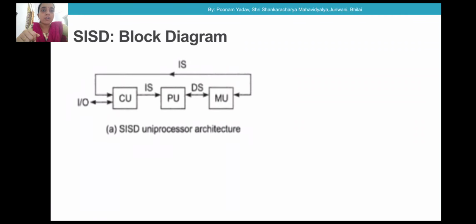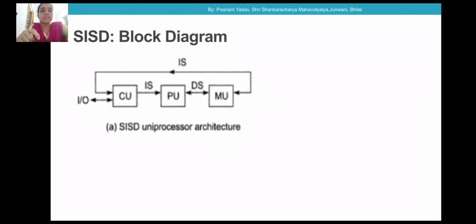Here is a block diagram of SISD. Here you can see there is an input output connection to the CU, the control unit, and this is a processing unit, and this is a memory unit. So a single data stream works here, and one instruction unit.